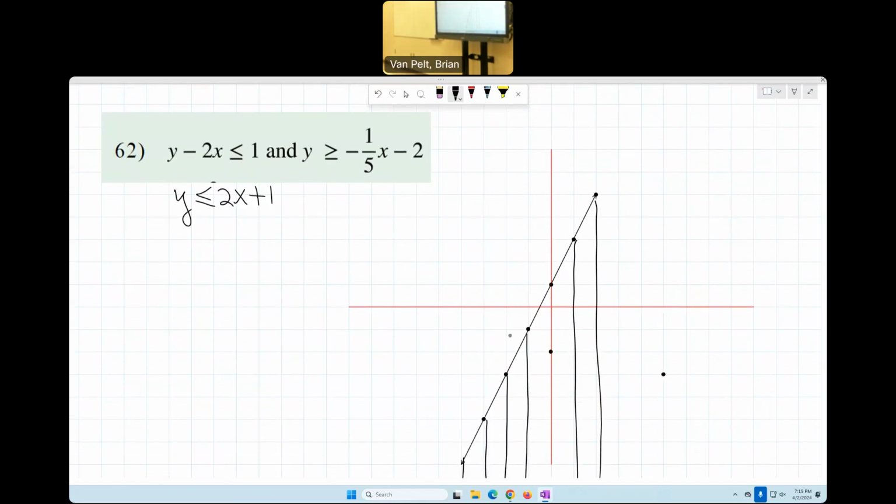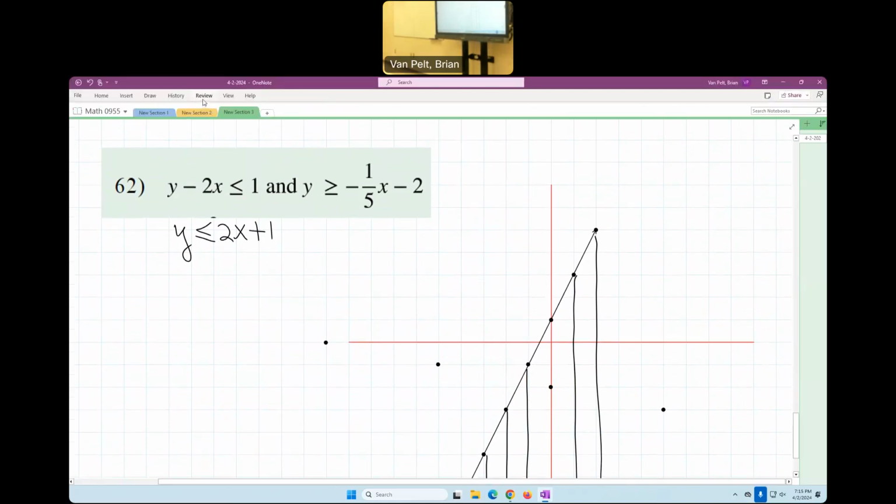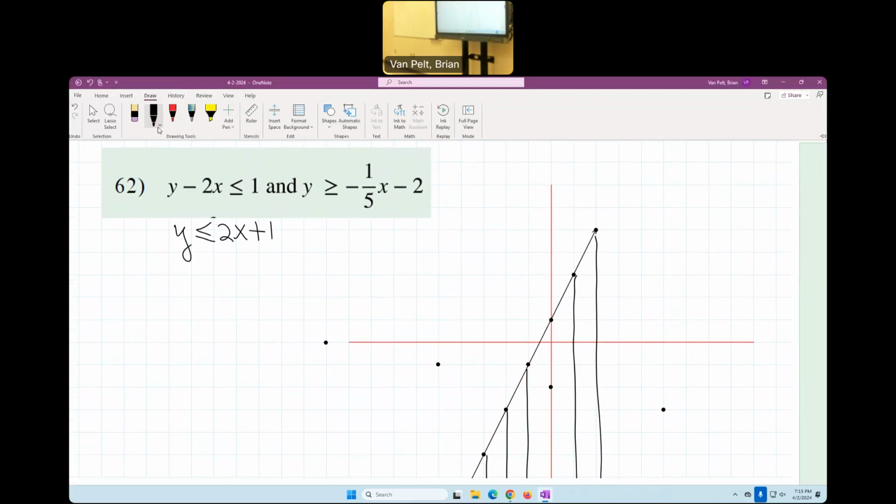And I'll revert myself here, up 1 and to the left 5, 2, 3, 4, 5. All the lines are solid. Oh, it ends here, so I'll just stop it there. There's no dashed lines, is what I'm saying. All right, let me go ahead and draw in a line between these things.